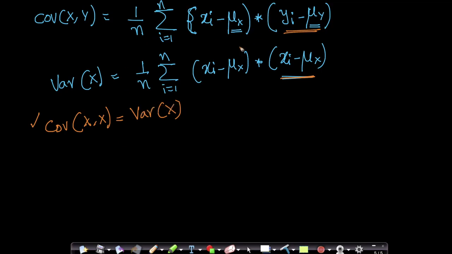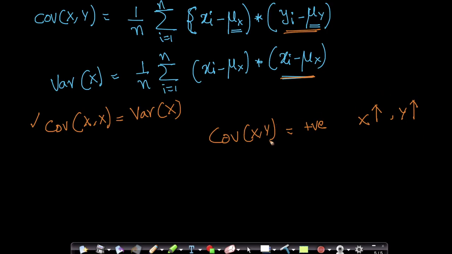Now let's try and understand how this formula pans out, which is very important. And how does it measure relationship between two random variables? I'll try to convince you graphically with a simple plot that covariance between two random variables is going to be positive if we have a relationship like this, where if x increases, let's say y also increases.